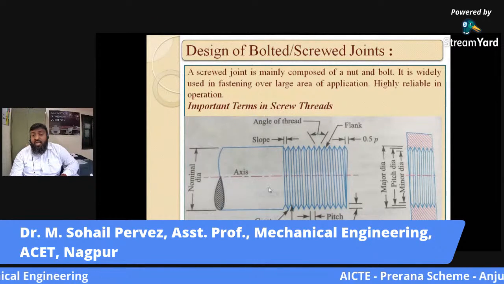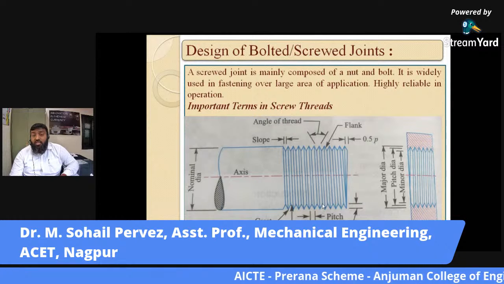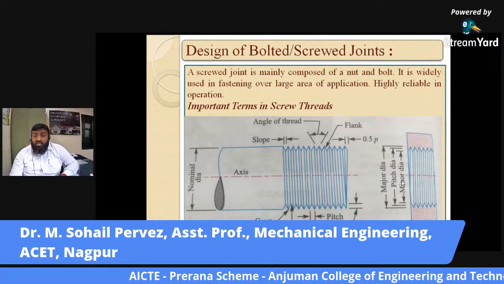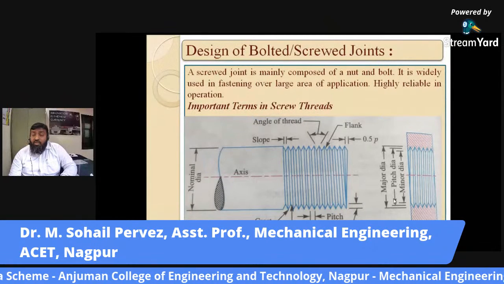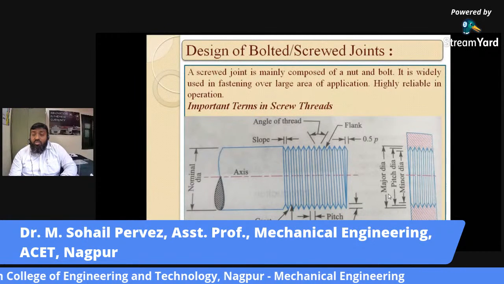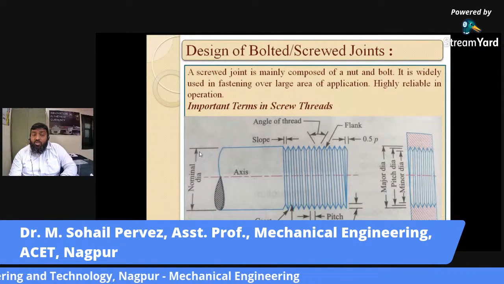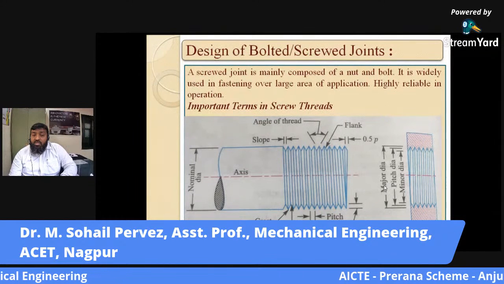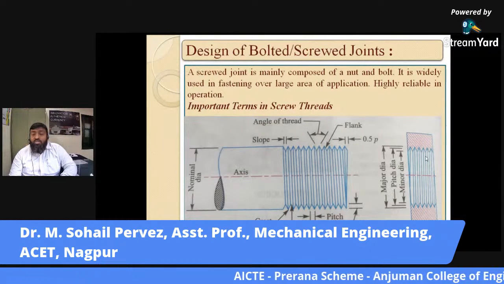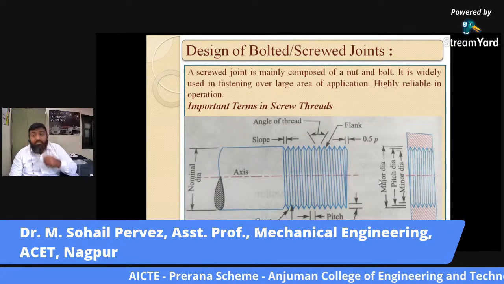Now, as far as diameters are concerned, there are three basic diameter designations which we provide to the screw threads. Number one, major diameter, the outside or outer diameter, also known as the nominal diameter. The major diameter, nominal diameter, outside diameter, all three are the same.